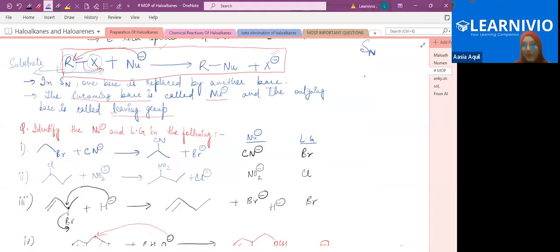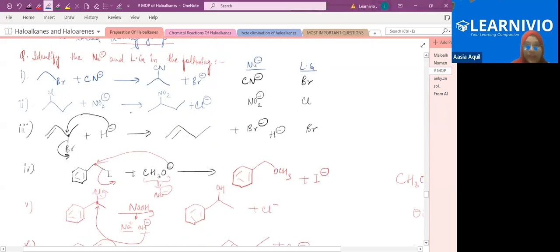The incoming base is known as nucleophile, and the outgoing one is the leaving group, right? Here the halogen group is the outgoing group, so it is known as leaving group, and halogen groups are good leaving groups. So incoming base is called nucleophile, and the outgoing base is called leaving group. Just remember that.